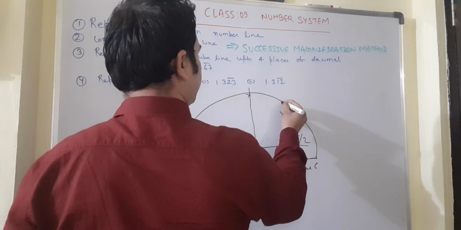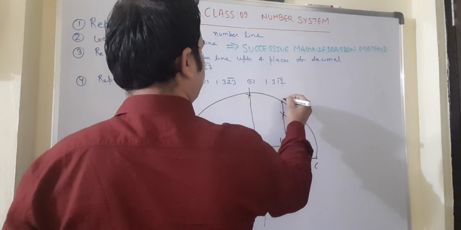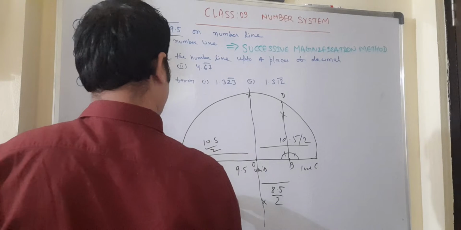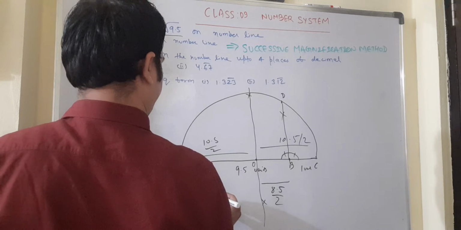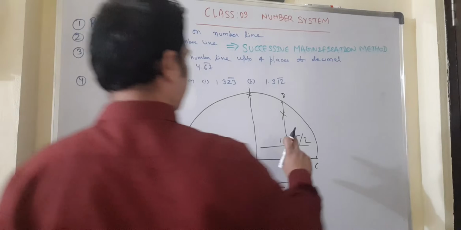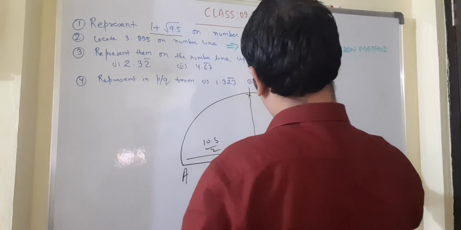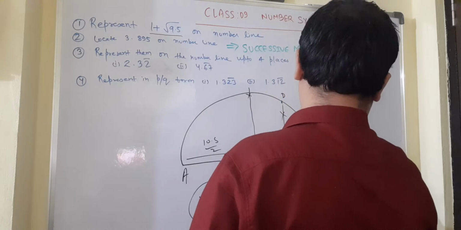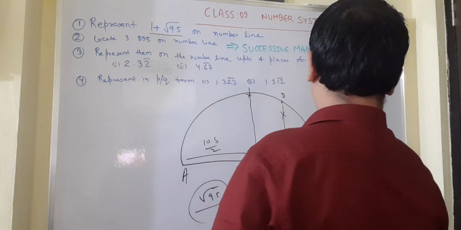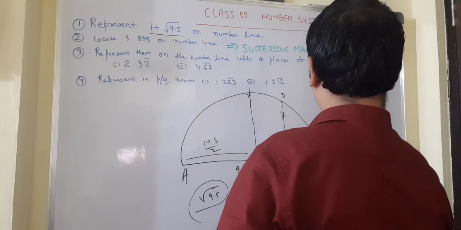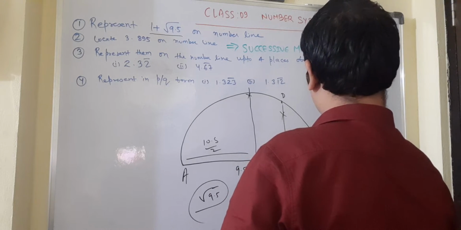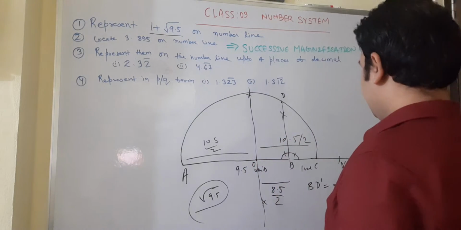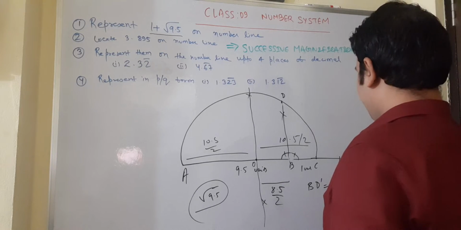So the point where it intersects, suppose this is D, then BD is equal to square root of 9.5, the required length. You take this length, putting B as center, opening an arc of BD, drawing it and making it fall over the number line. Suppose this is D dash, then BD dash will be your representation of root 9.5 on the number line.